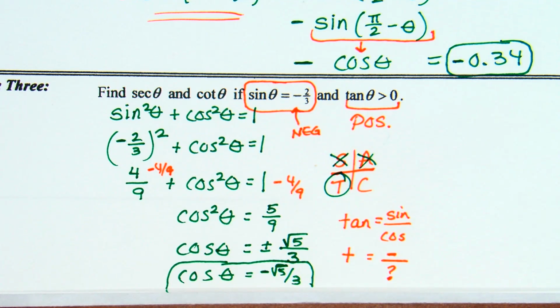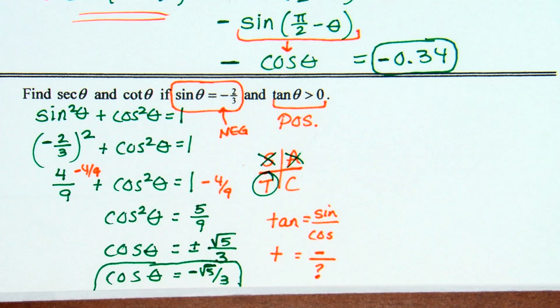I felt like you were explaining my answer, but yet telling me positive. I just missed that sine is negative. Okay, and that would be why. If we knew that sine was positive, we would have gone the other way.